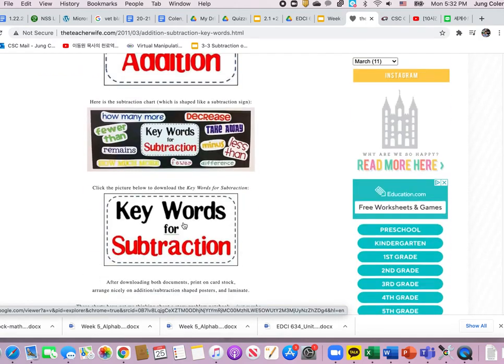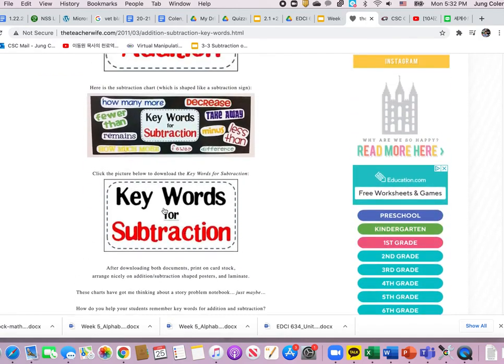Okay, how about these? Keywords for subtraction. So putting a subtraction sign there and putting all the words like how many more, decrease, take away, minus, less than, difference, fewer. What does it say? How much more remains? Some of these, like that, are comparison problems. And other things, it's like the take away model.